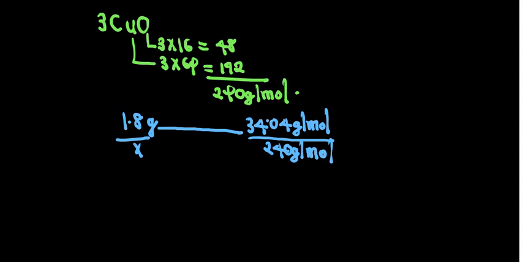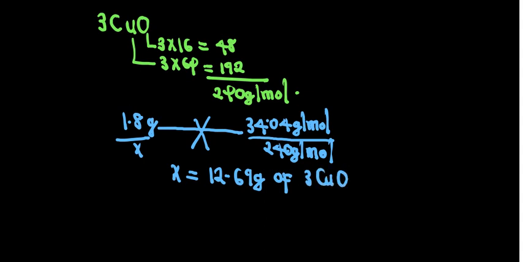What becomes the answer? So when you cross multiply there, you discover to say your value of x turns out to be 12.69 grams of the copper oxide. So the 12.6 grams of the copper oxide was what was taking place in this chemical reaction.